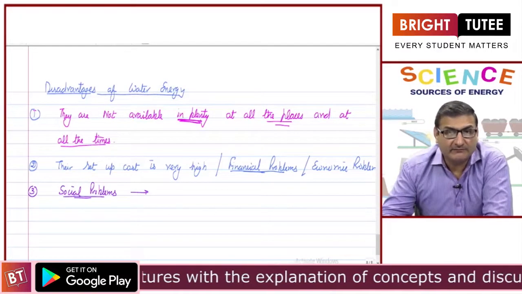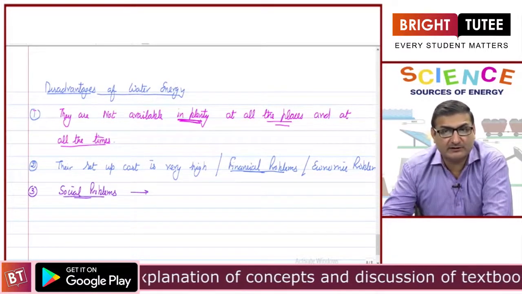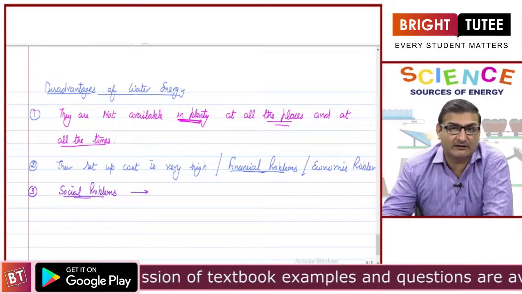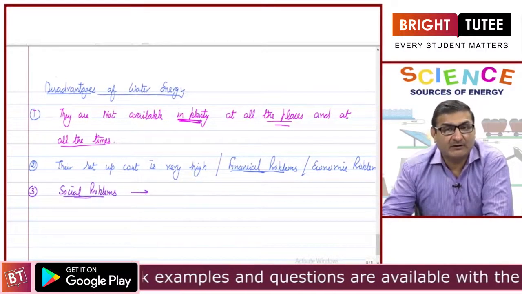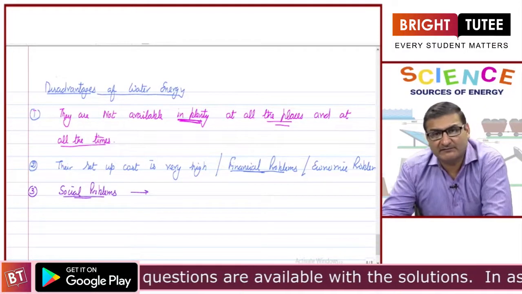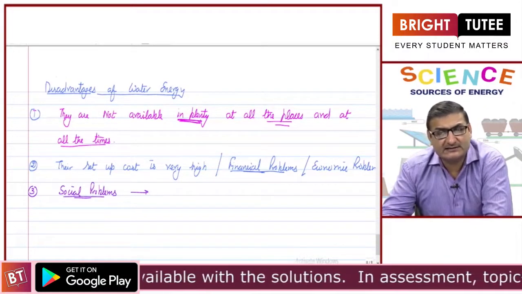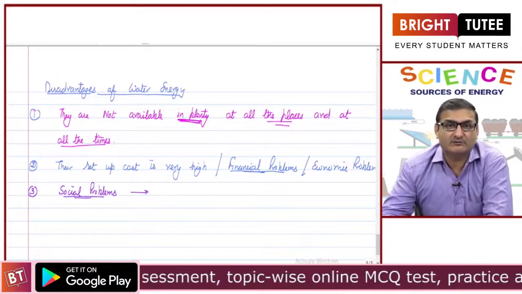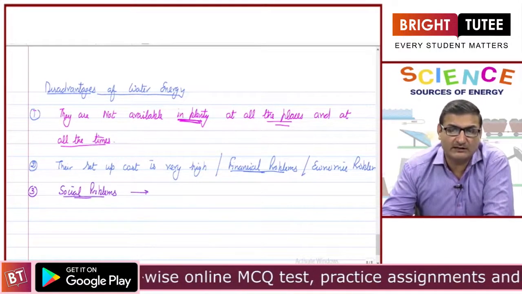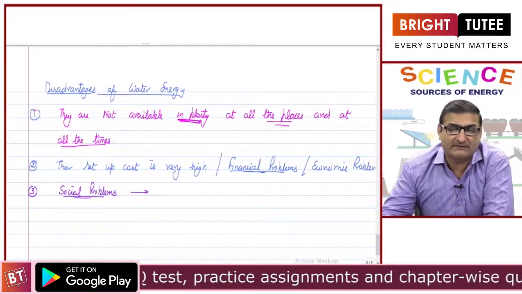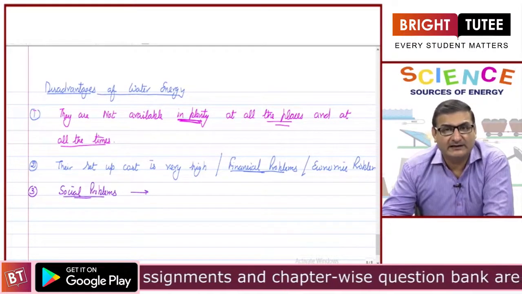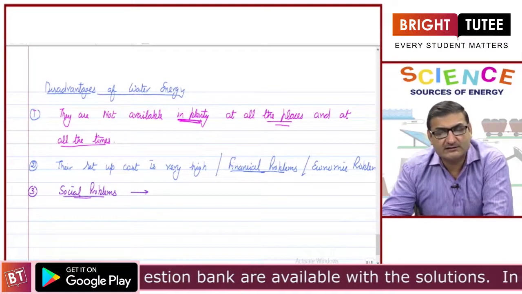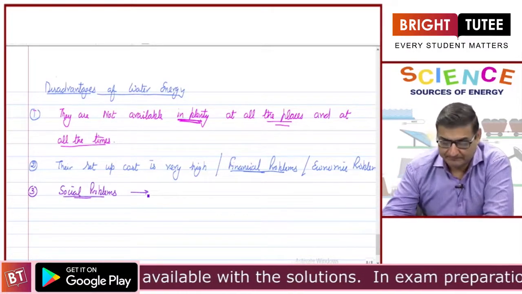Even today if you go through the newspapers or the news, you find that there are certain cases still going on. Sardar Sarovar Dam or Tawa Dam or Narmada River, all these cases they are still there. The people are fighting the cases because those people, the villagers who were displaced from there, they are still fighting for the land to be rehabilitated. So this is also one of the problems that is caused while constructing a dam.